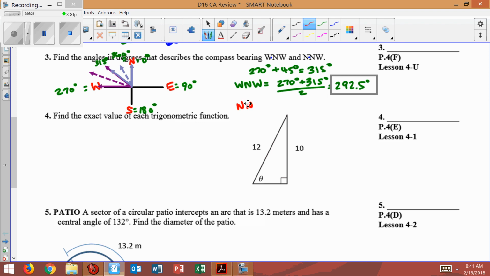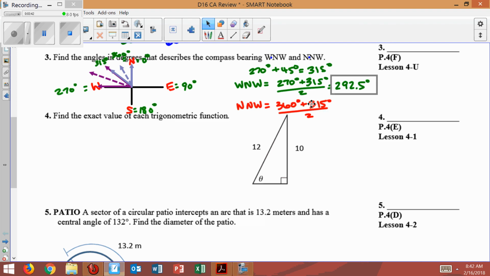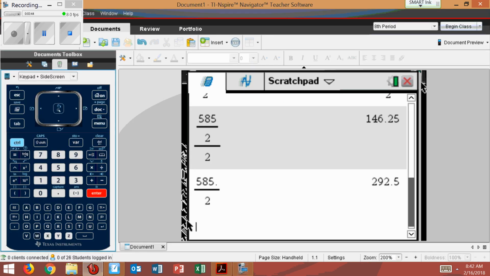So north, northwest is equal to 360 plus 315 divided by 2, because I'm splitting these two. And I'm using the 360 rather than the 0 because we're approaching it from the 360 side.